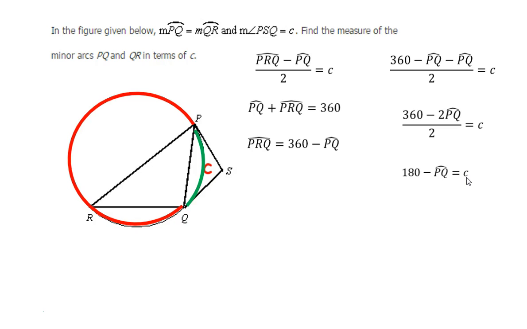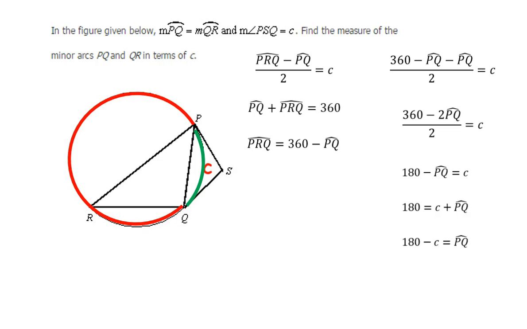Almost done. Not quite, but I'm almost done because I want to solve for PQ. Now notice I have a negative PQ here. I don't like that. There are a couple of different ways you can do this, but to get rid of that minus PQ, I'm just going to add PQ to both sides. Now I have a positive PQ, which is good because I want to know what positive PQ is. I want to solve for the positive variable. And then I have this plus C here. If I want to solve for PQ, I'm just going to have to subtract C on both sides.